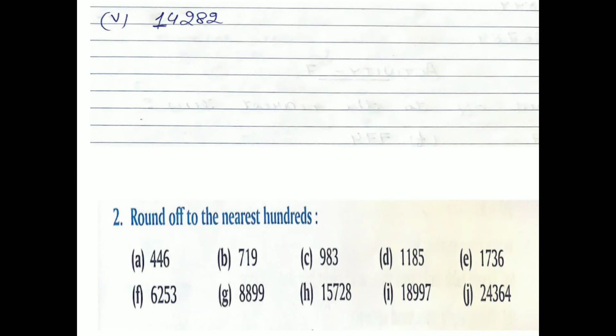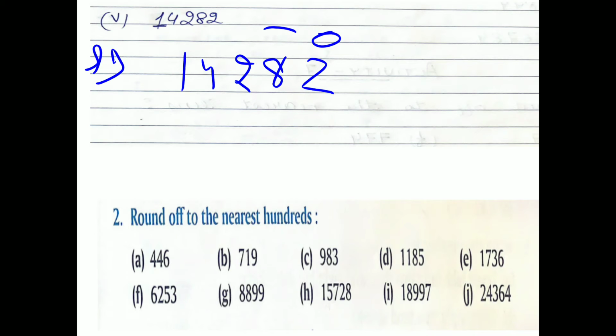Clear? Now see fifth part. Here also, whenever these types of questions come, you have to write the number first. Now on the number you write its places: ones, tens, 100, 1000 and 10,000. Which place do you have to see? Tens place. Compare it with 5.